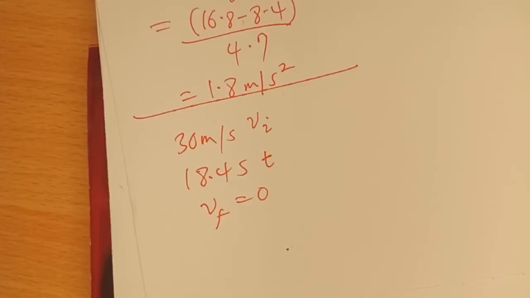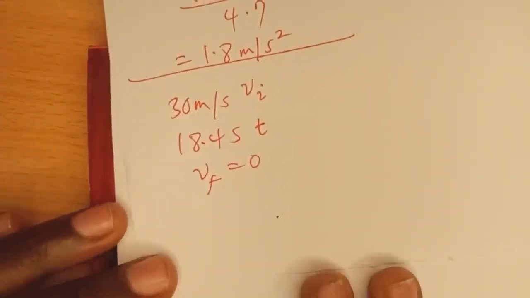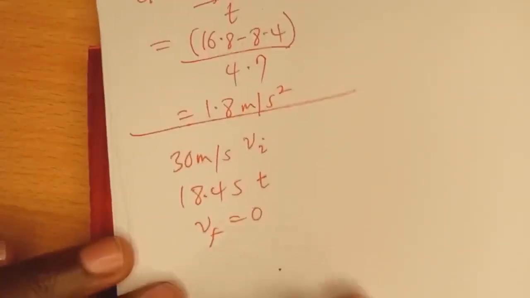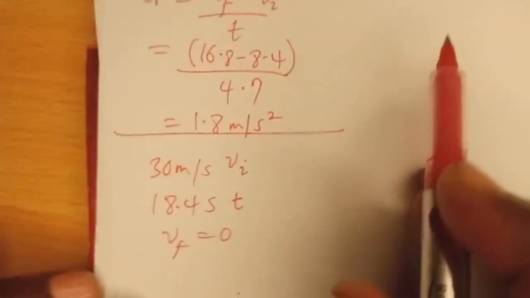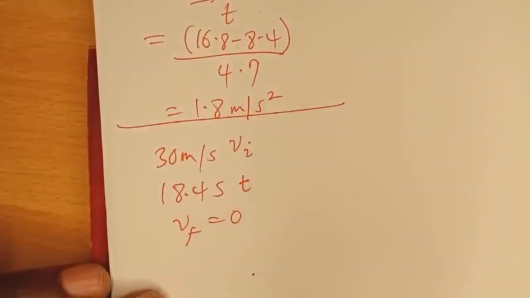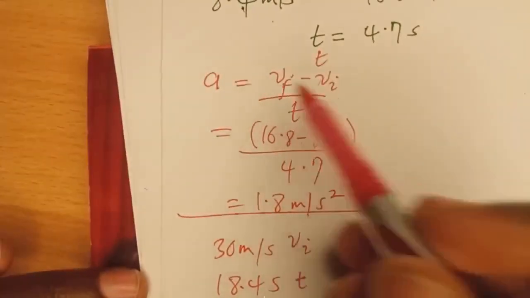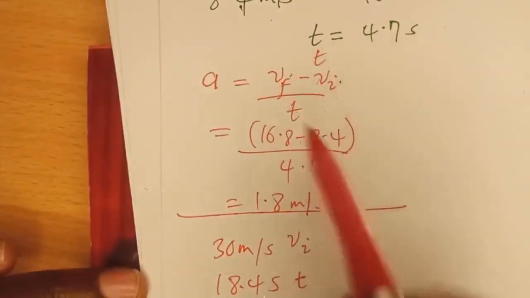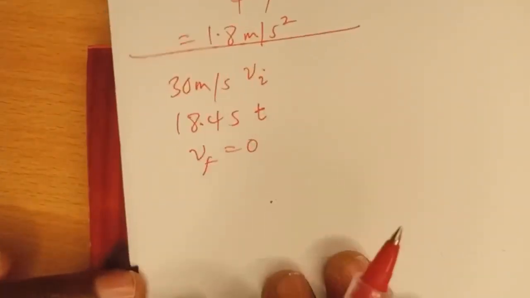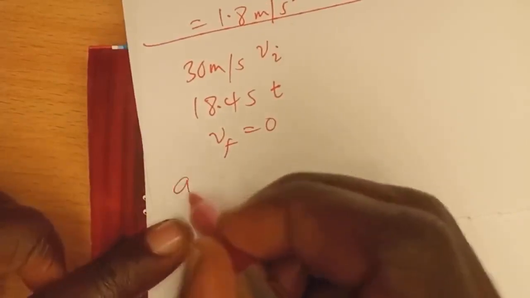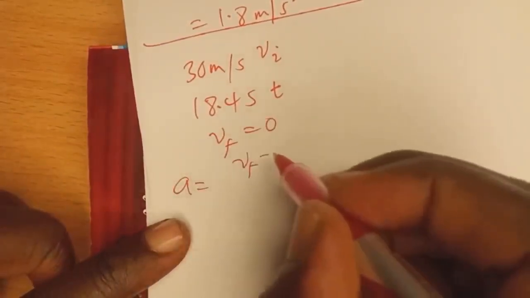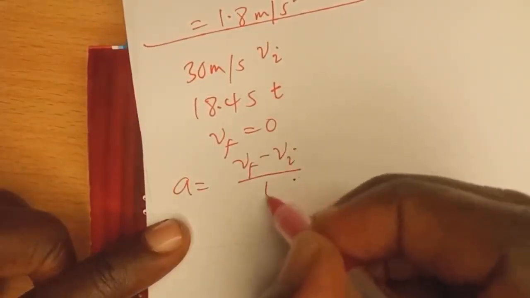So how do I get the acceleration? I'm given the time here, so it's almost the same formula I'm going to use. Final velocity minus initial velocity divided by the time taken. I will say my acceleration is v final minus v initial divided by t.